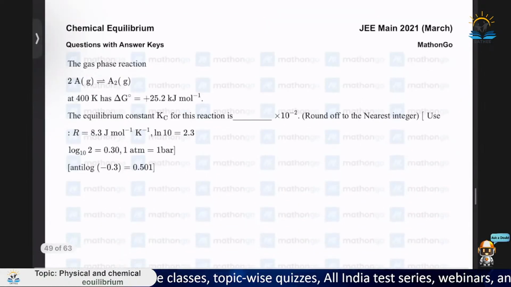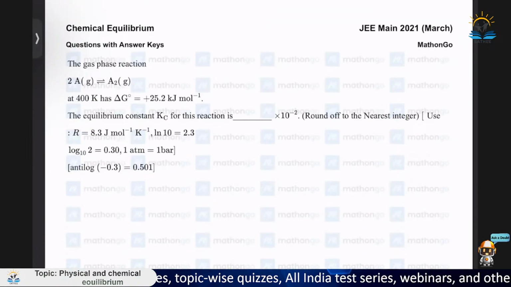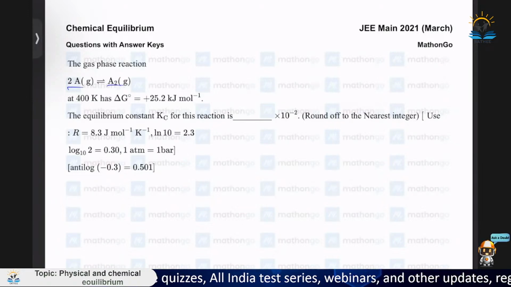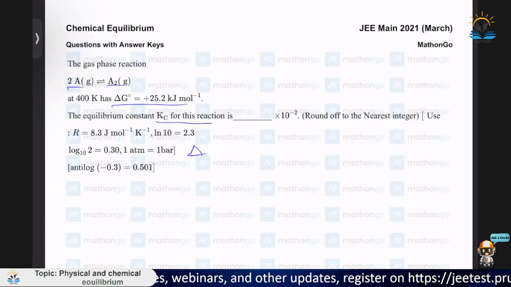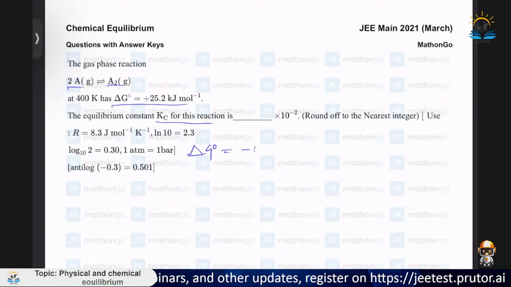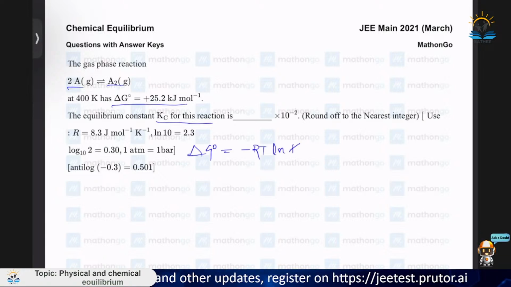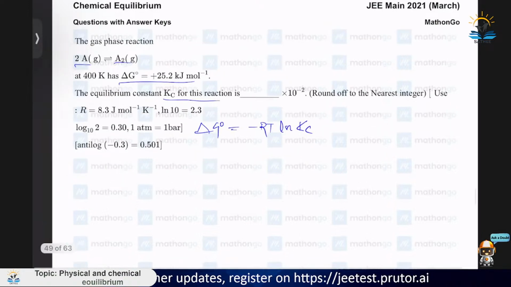Question number 5. Question number 5 says, this is the equation. This is the delta G naught. They have to find Kc for this reaction. So as we know, the equation is delta G naught is equal to minus RT ln K. Let's assume Kc. Okay.